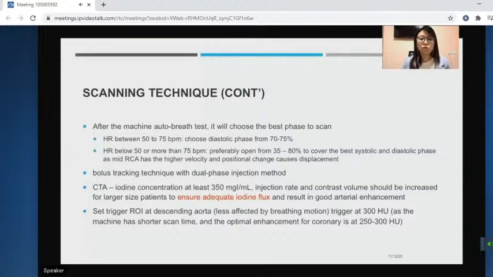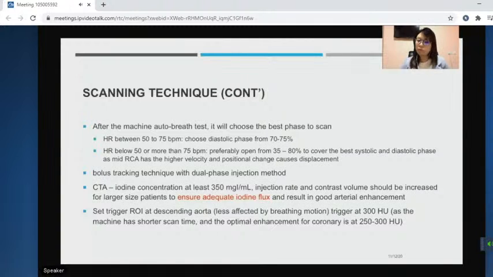And we need to do the auto breathing test so that the machine will choose the best phase to scan. For our machines, if the heart rate is 50 to 75 BPM, definitely we choose diastolic. But if the heart rate is below 50 or more than 75 BPM, preferably we'll open 35 to 80, or you can open 40 to 70, to cover the best systolic and diastolic phases so they don't miss.